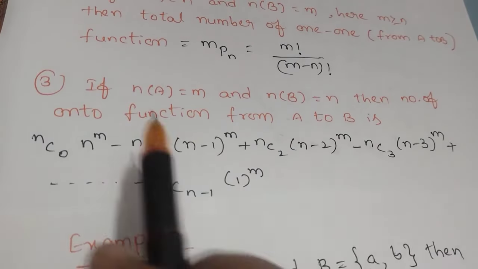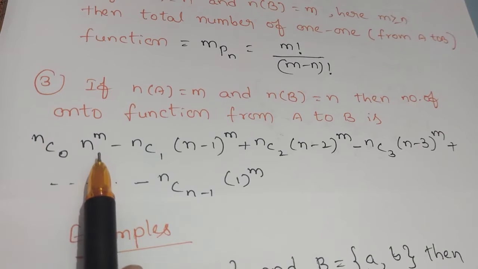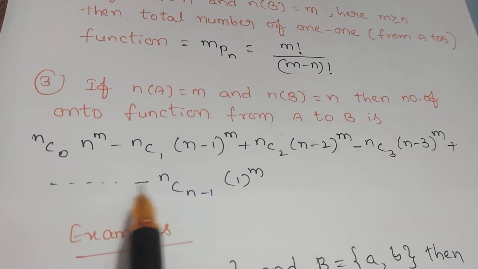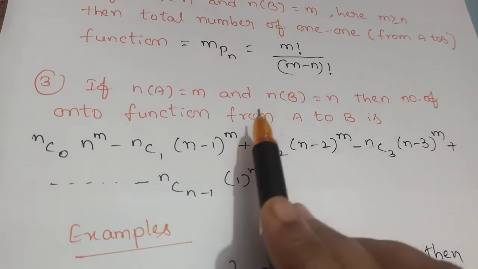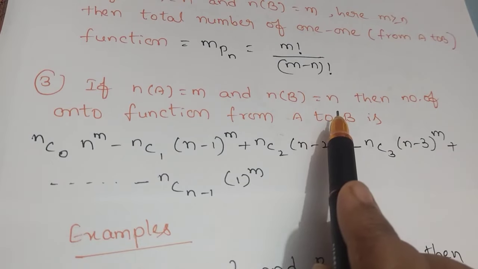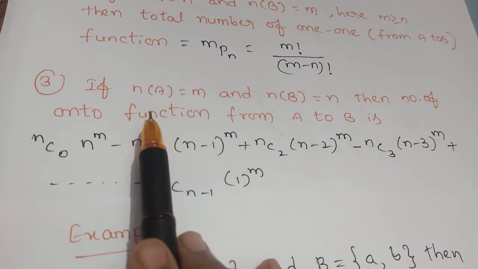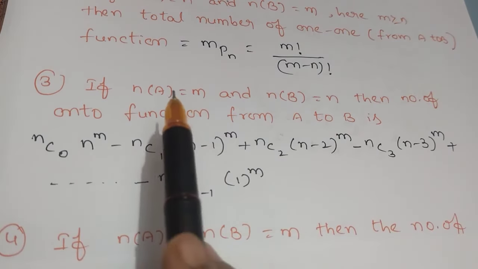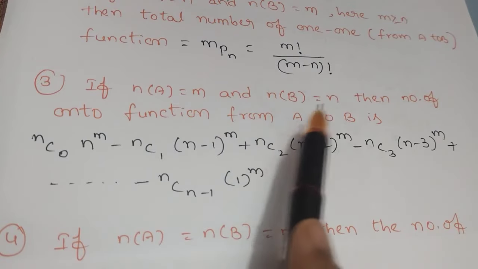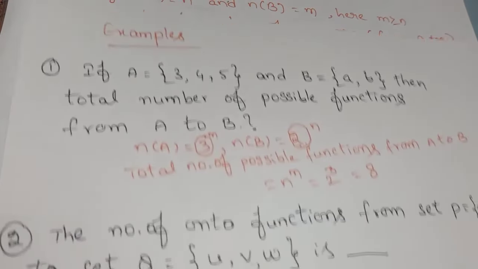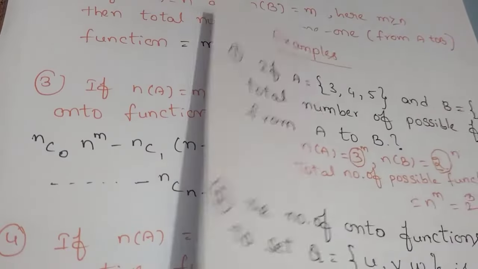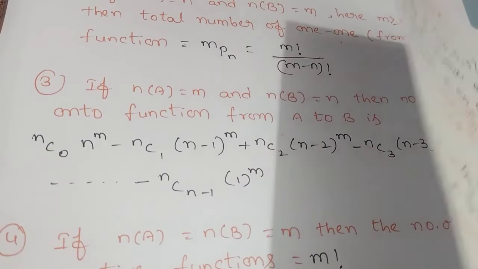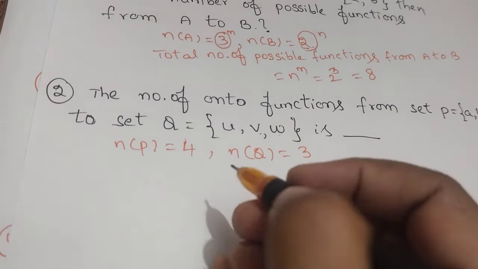That is nC0 n power m minus nC1, and so on. So we write the formula here. Here n is n of B and n of A is m. So we write n of A is m, n of B is n.